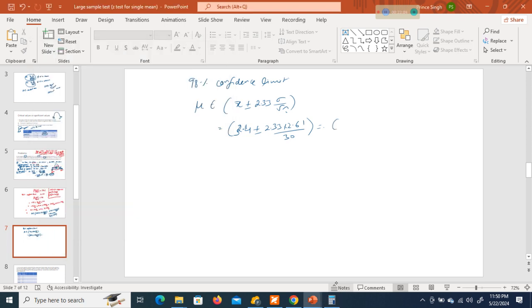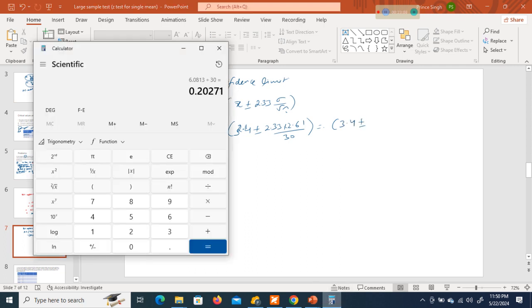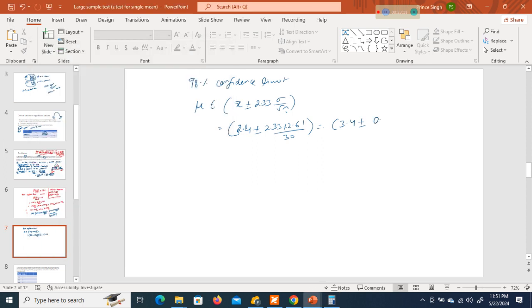So its value is 3.4 plus minus 0.2027. So if we add, that gives us 3.6027, and if we subtract, then this is 3.1973. So this is the confidence limit for 98%.